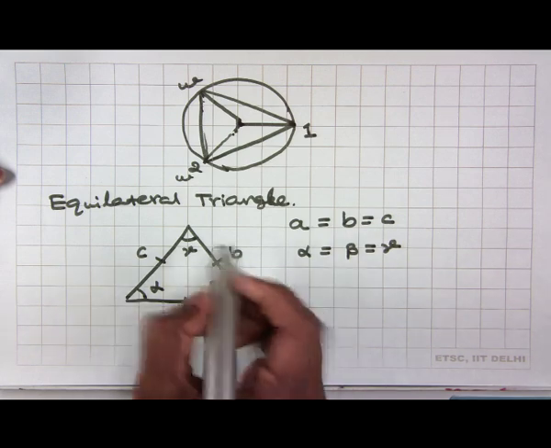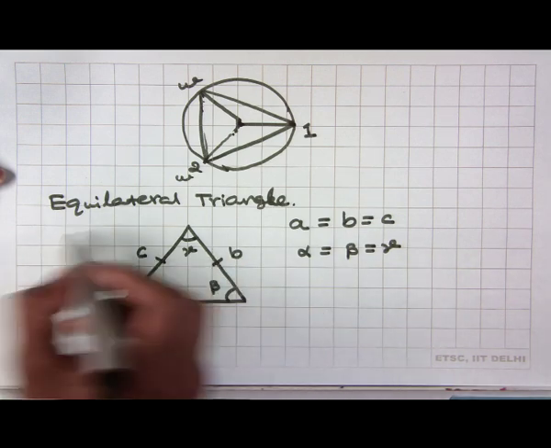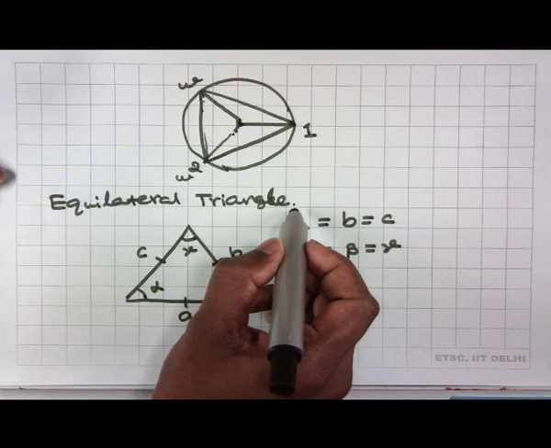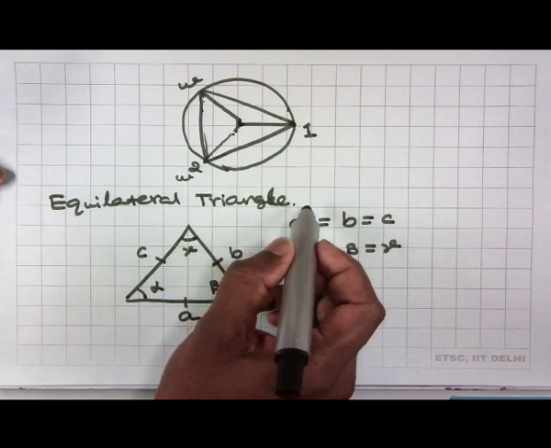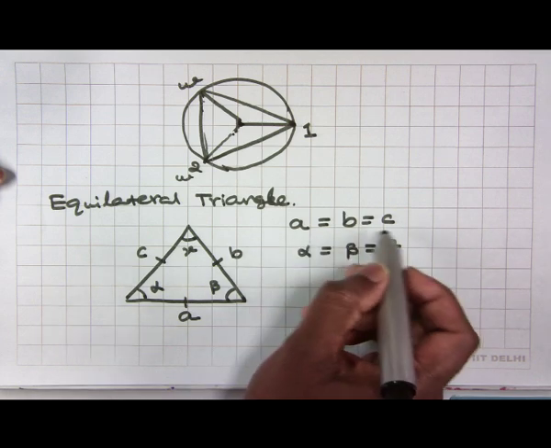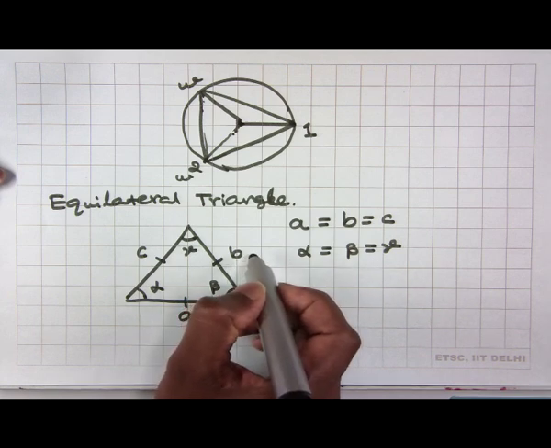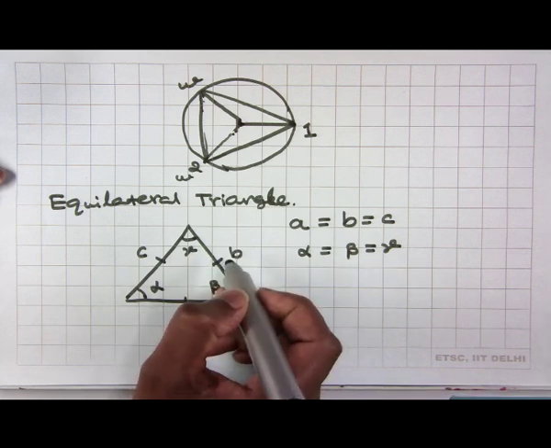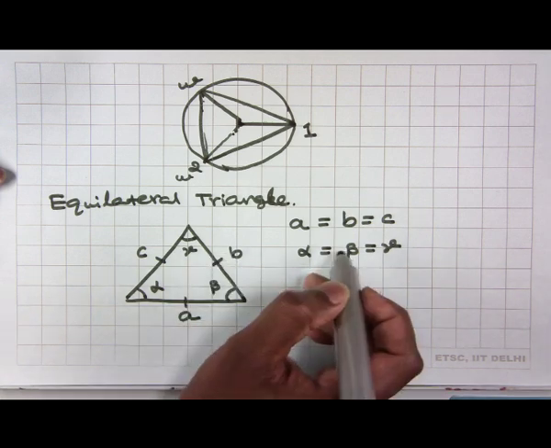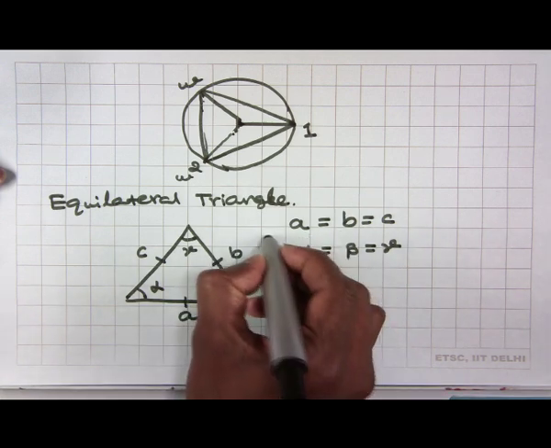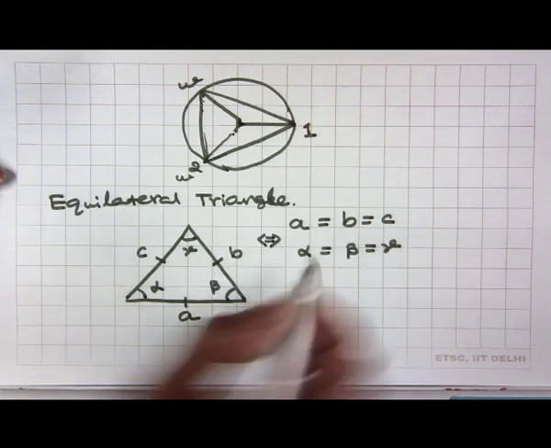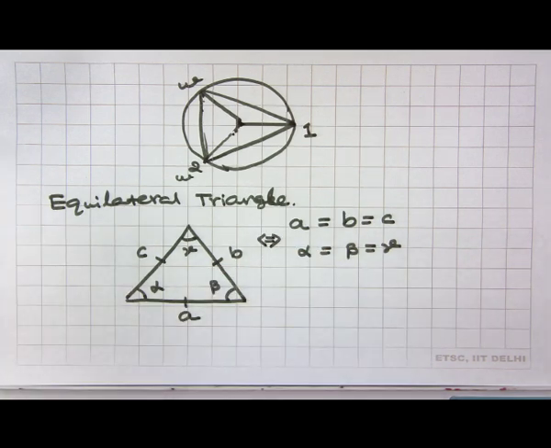So, we can list several properties for the equilateral triangle. For the time being, let us just take one of the definitions, that is all sides are equal and all angles are equal. Any one of them you can take as the definition. These two are equivalent to say that a triangle is an equilateral triangle.